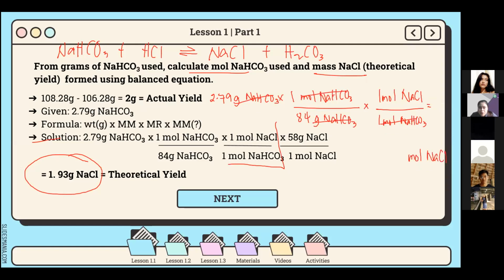What was lacking was the moles of NaCl. So this is 2.79 times 1 divided by 84.